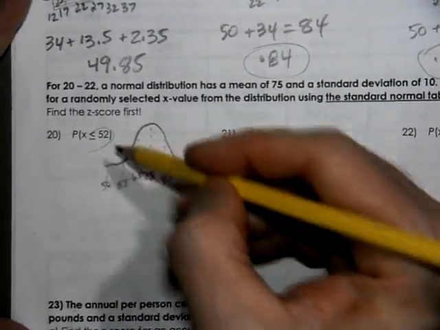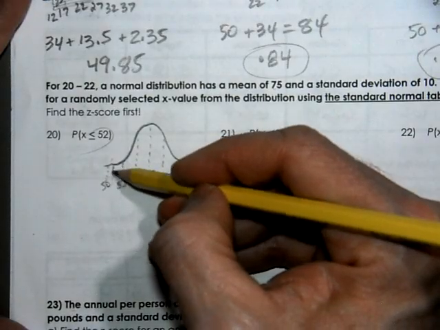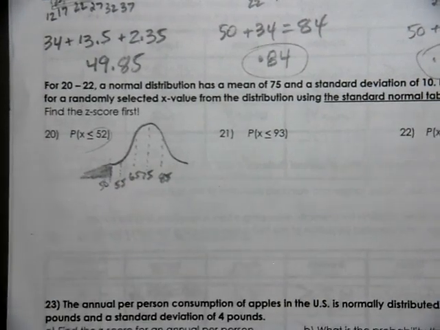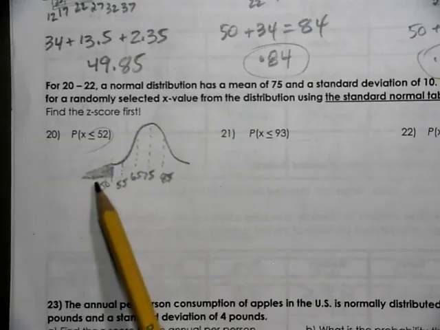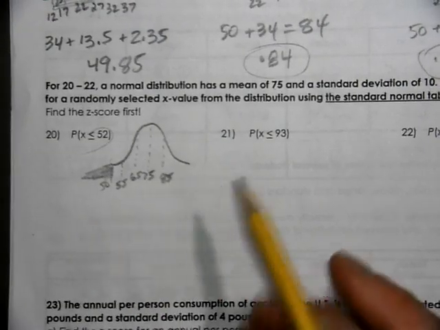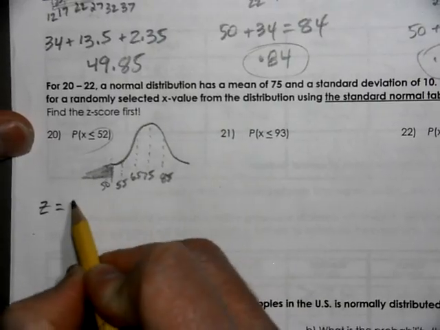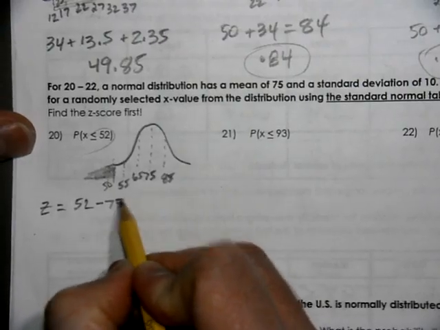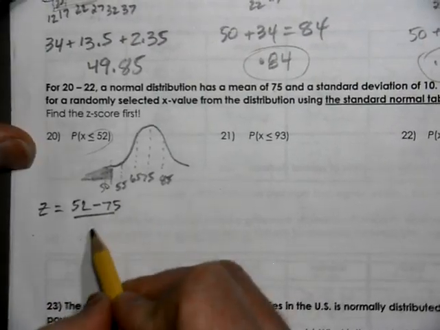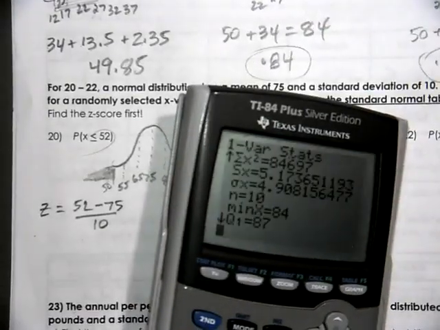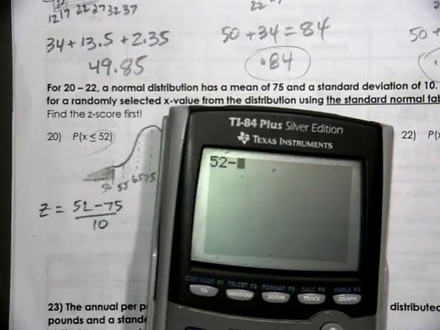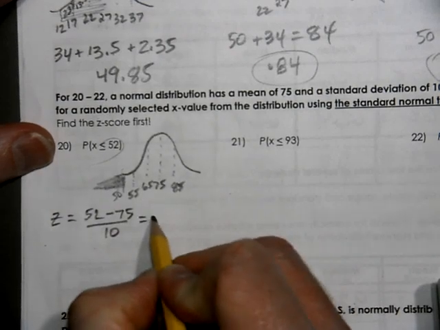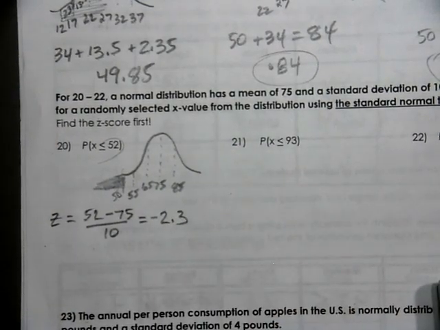Well, we want to know the probability of 52 or smaller. Okay, but 52, that's not landing right on a standard deviation. So we have to find a z-score first. So 52 minus our 75 over our standard deviation of 10. So that gives us negative 2.3.